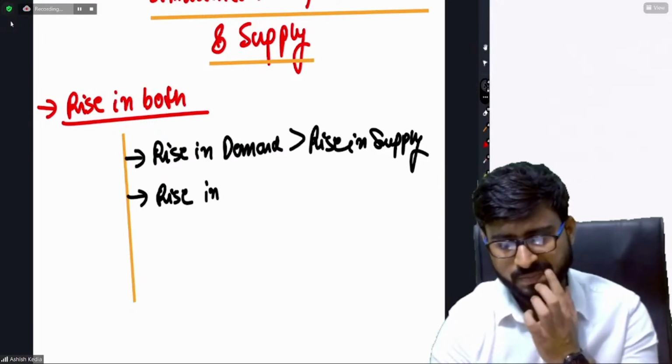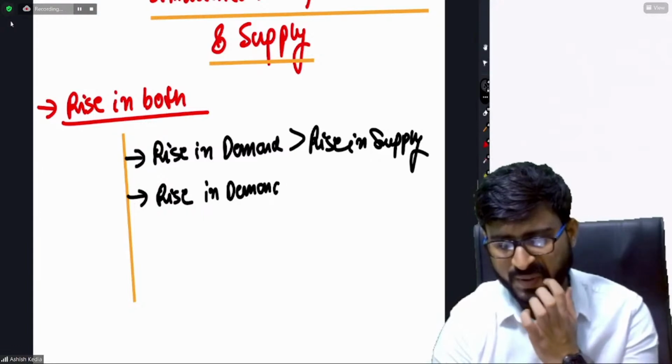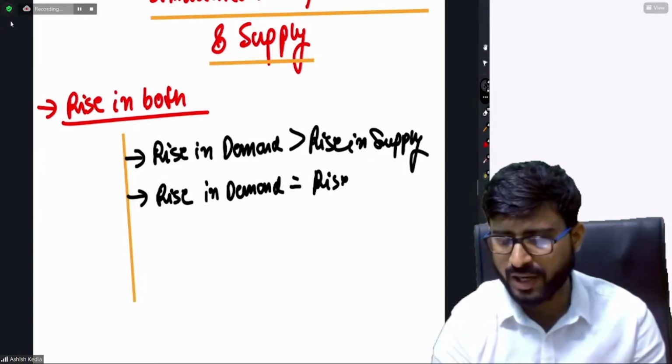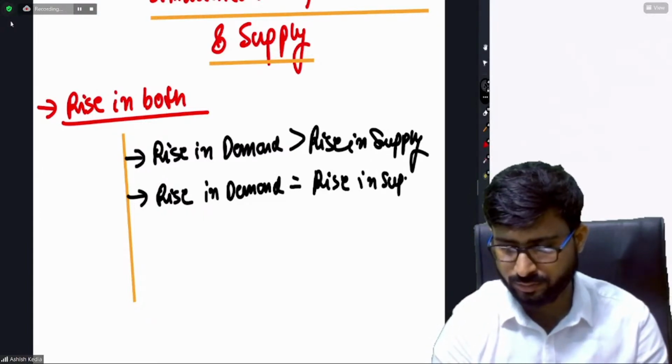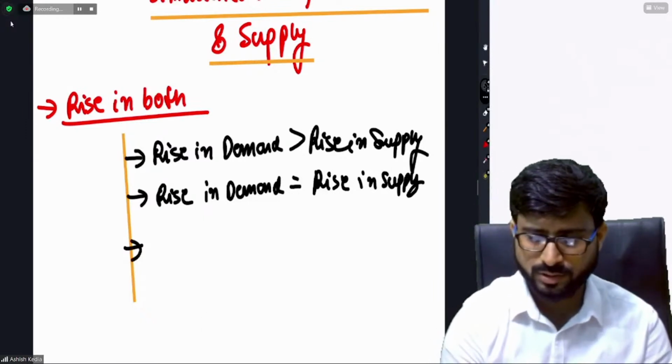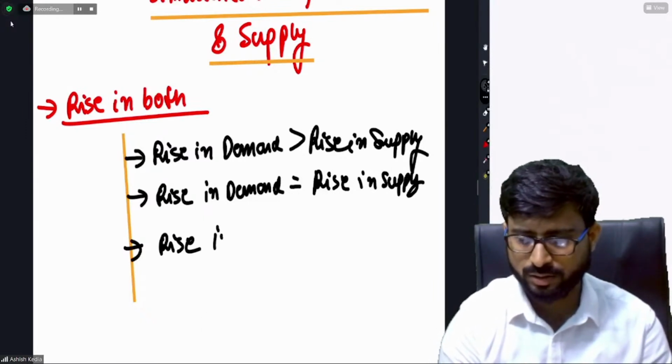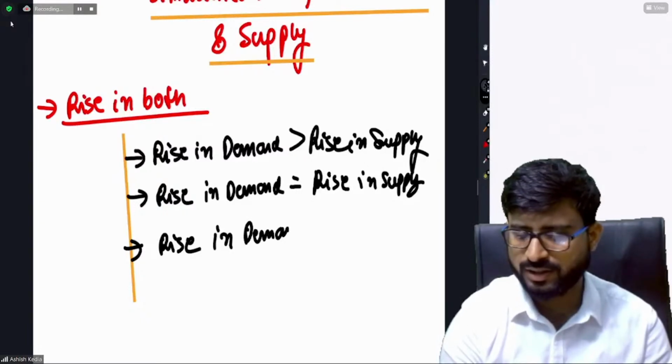Rise in demand equals rise in supply. Rise in demand less than rise in supply.